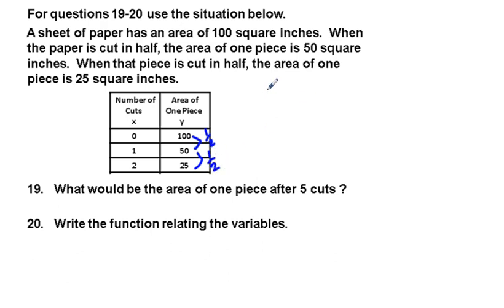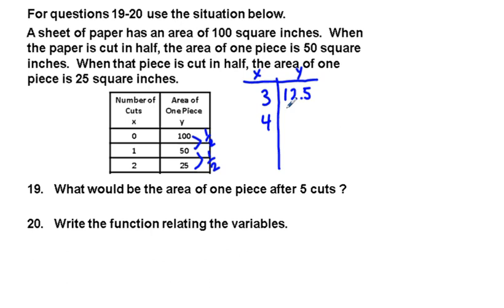So we can, at the right here, just extend the table to further analyze. We have cuts x, area of one piece y. After 3 cuts, we're going to take 1/2 of that 25, so 25 times 1/2 is 12.5.